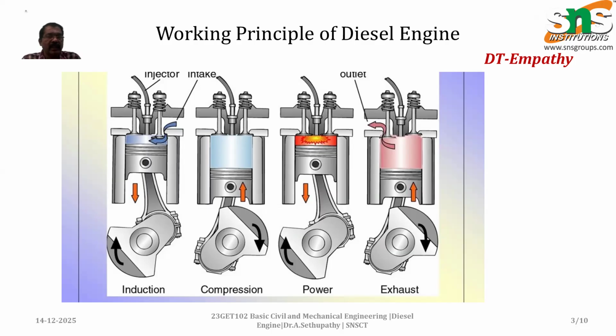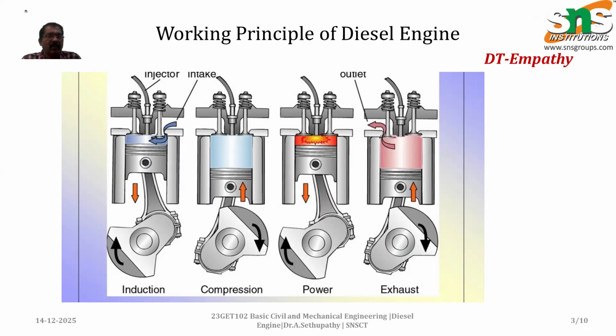Next, with the two valves still closed, the fuel injector splashes the fuel inside the combustion chamber. The high temperature pressurized air is already stored in the combustion chamber, so when the fuel is splashed inside, it burns explosively. This produces high temperature, and the piston moves downward.